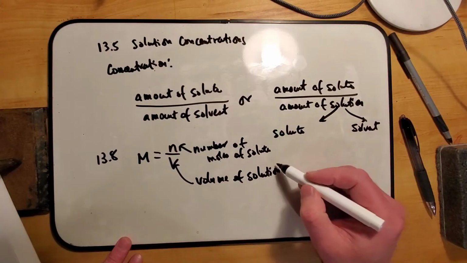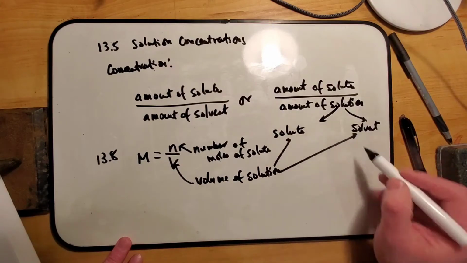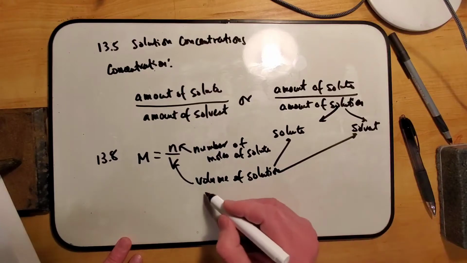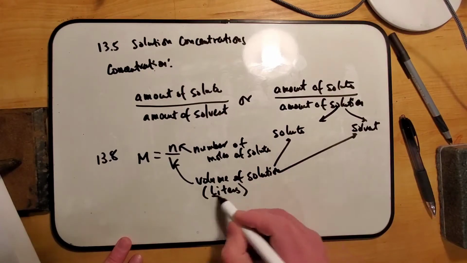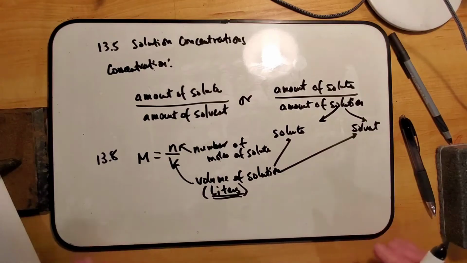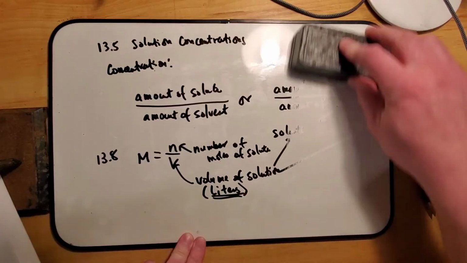And remember guys, solution is made up of the solute and the solvent. And also the volume must be in liters. Just remember guys, liters here is very important. Okay, so what kind of problems could we get here now?